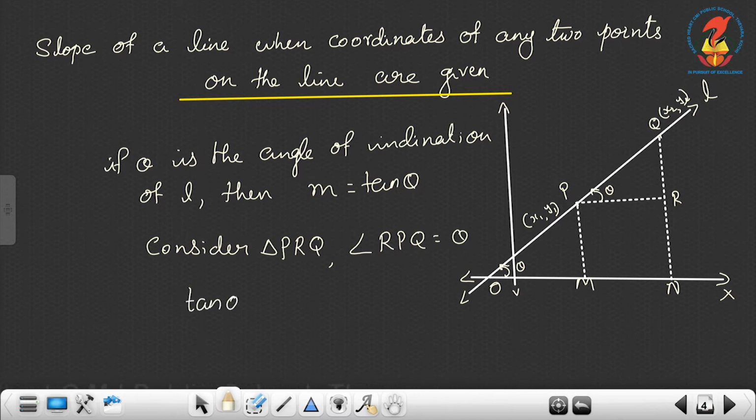Tan theta is equal to opposite by adjacent. So QR by PR. And what is the value of QR? QR is the same as Qn minus Rn. And PR is the same as, this is the origin, okay, On minus Om.